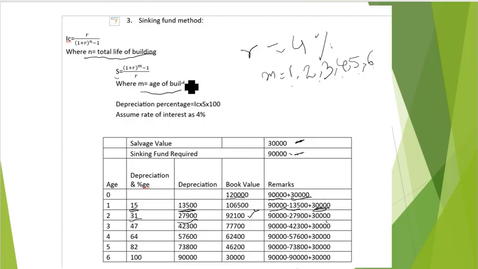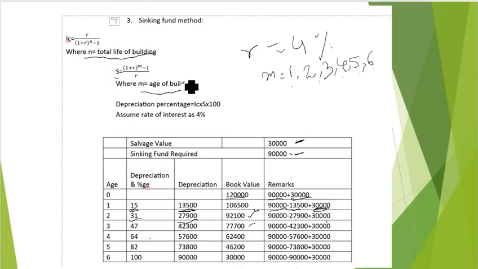So 90,000 minus 42,300 plus 30,000 will be 77,700. At the end of fourth year, IC into S will be 64%. 64% of 90,000 is 57,600. So 90,000 minus 57,600 plus 30,000 is 62,400. And then at the end of fifth year, it is 82% IC into S.